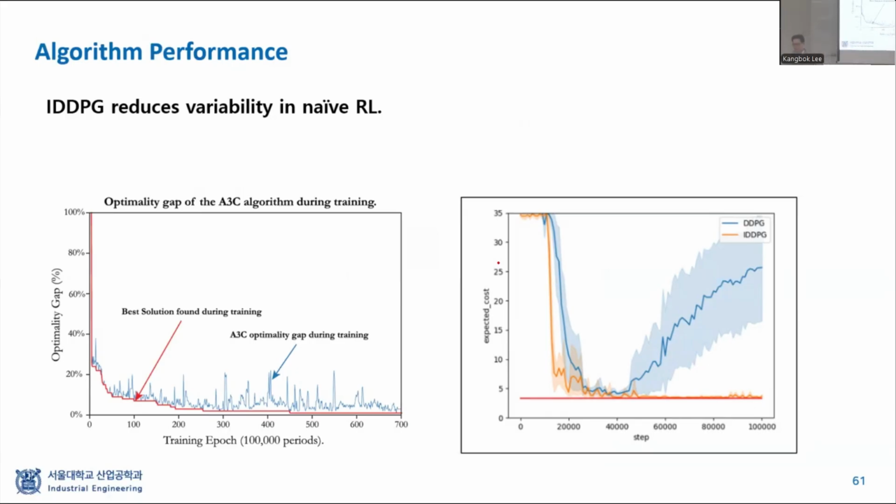Meaning that it's monotonically getting better and better, whereas the naive DDPG approach, because it has an exploration part, sometimes goes off and off. And even in the worst case, it can actually go in the wrong direction and then the cost actually goes up.